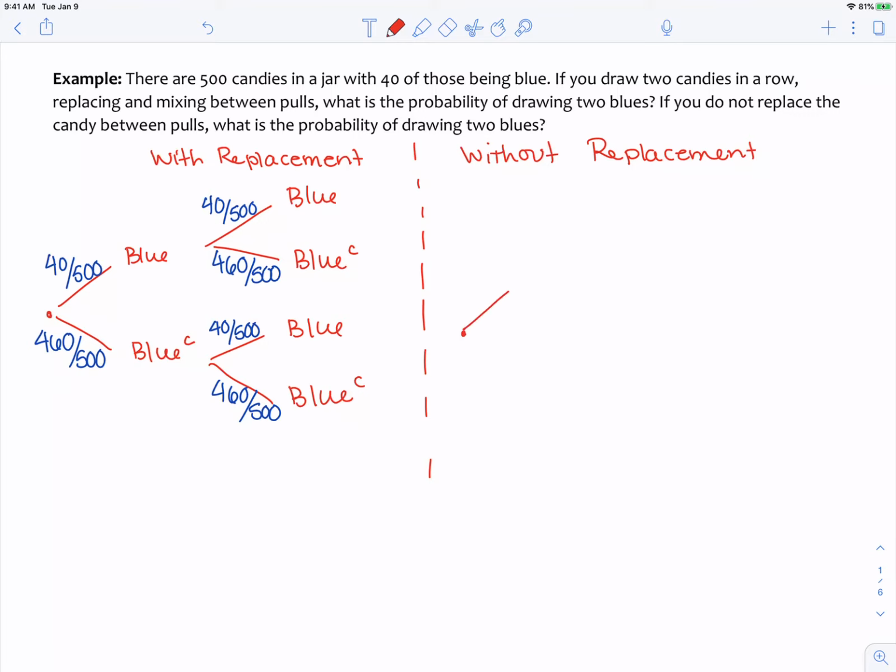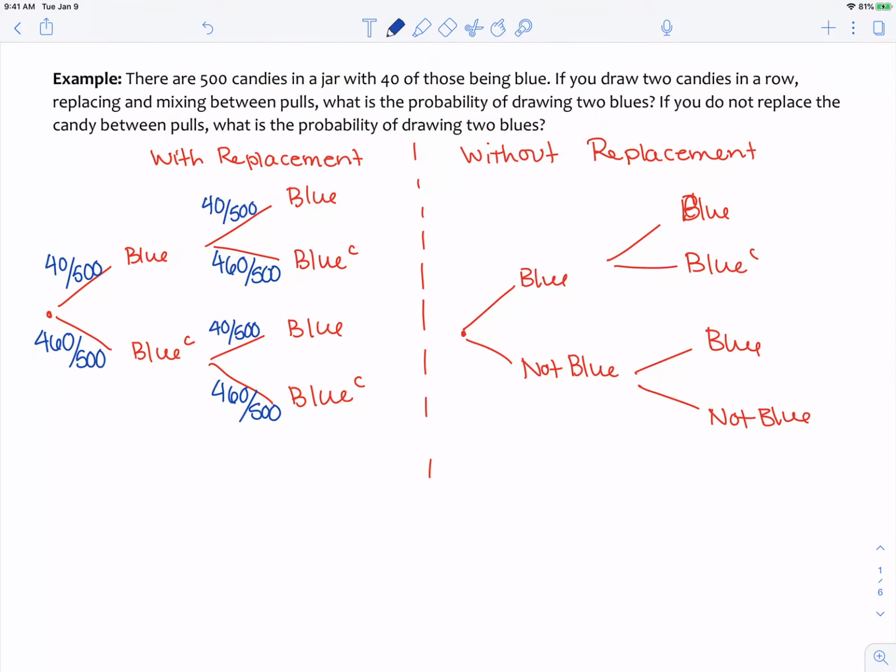So the first selection still is going to be blue and not blue. And then our second one is going to be blue, or we'll have not blue. So we'll do the complement, blue, and we'll have not blue. Either version of the not blue or the complement notation works just fine here.